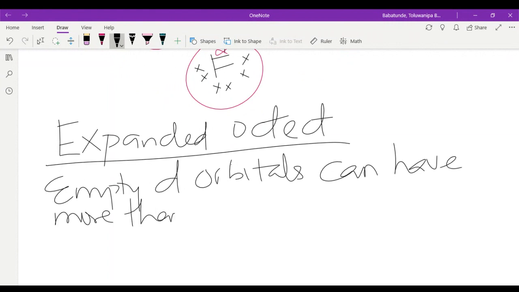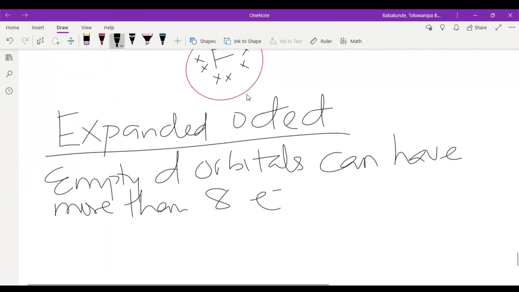Remember that d orbitals can have a maximum of 10, and f can have like 14. Remember that.